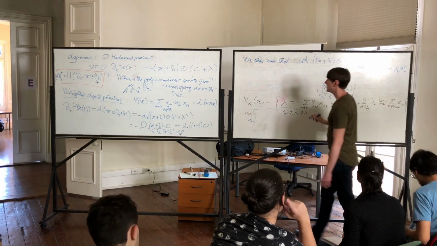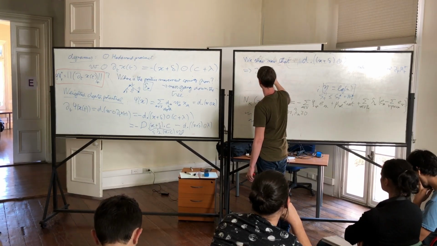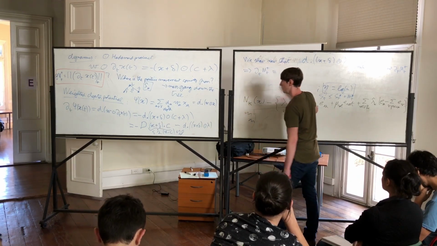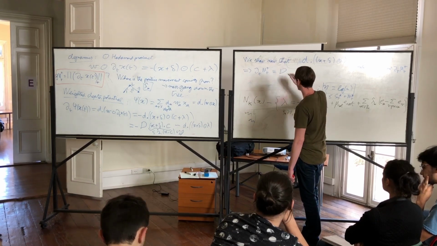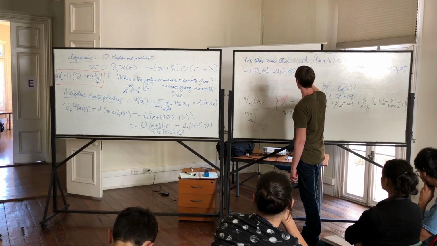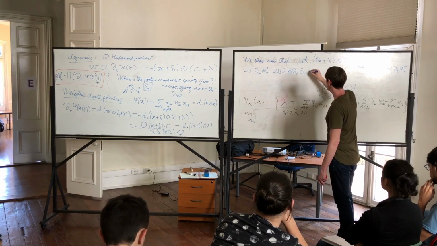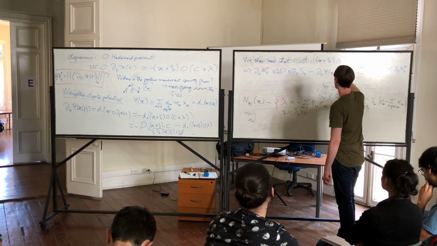And what does this mean? This will imply that the positive movement is in fact equal to 2 times the depth times the service cost plus or minus some potential times the time derivative of psi of x of t.